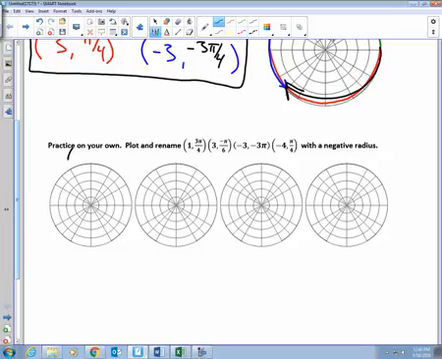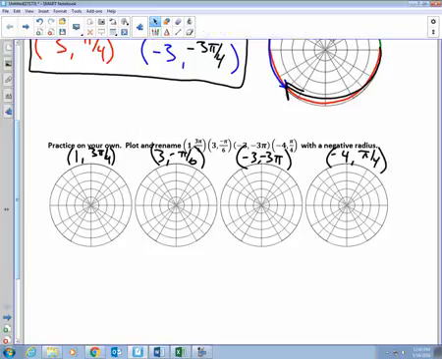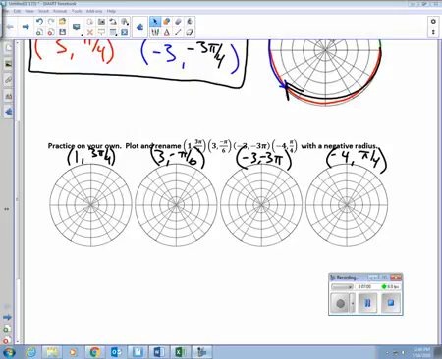You're going to plot 1, 3 pi over 4 on the first one, 3, negative pi over 6 on the second one, negative 3, negative 3 pi on the third one, and negative 4, pi over 4 on the fourth one. After you plot it, if you're confident, you can come up and put it on the board so we can all look at it. And if you're incorrect, we will still applaud you for your excellent efforts.